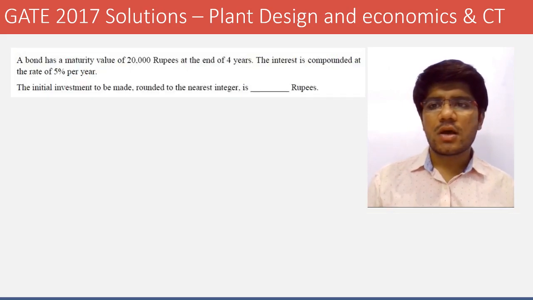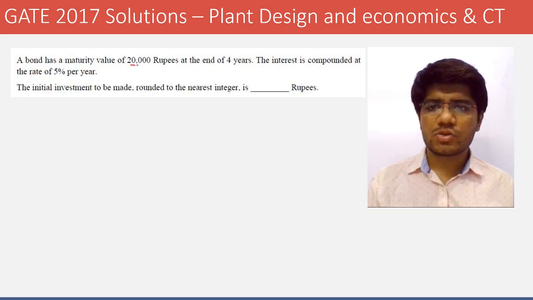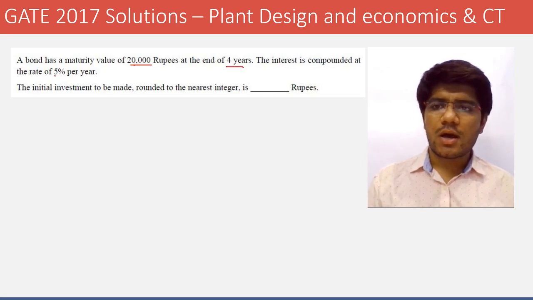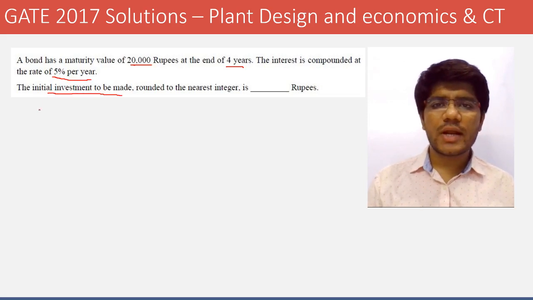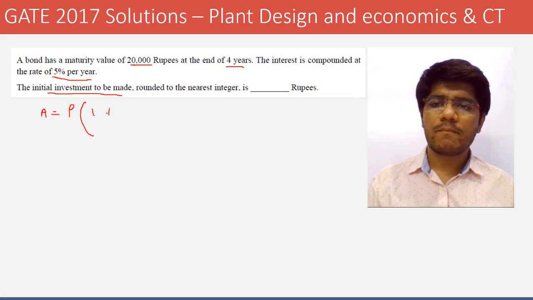The next question is: a bond has a maturity value of 20,000 rupees at the end of 4 years. The compound interest is given and the rate is 5% per year. We have to find the initial investment to be made. We know that the amount for compound interest is equal to principal into 1 plus I upon 100 to the power n.